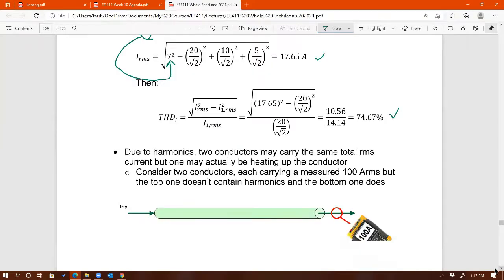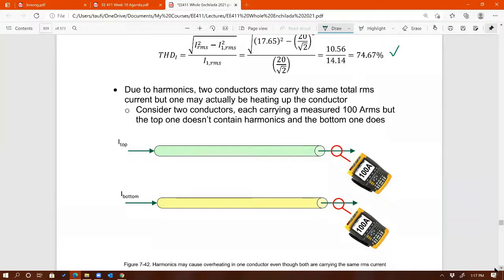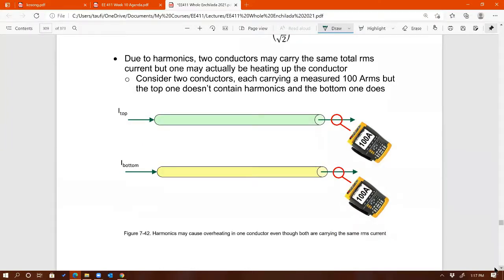Okay, and this shows you the danger of harmonics. Because if you have two wires and you measure current through each of the wires using the same instrument, both can give you 100 amps, but it is possible that even if both are measuring 100 amps, one of them is hotter than the other. How is that possible?